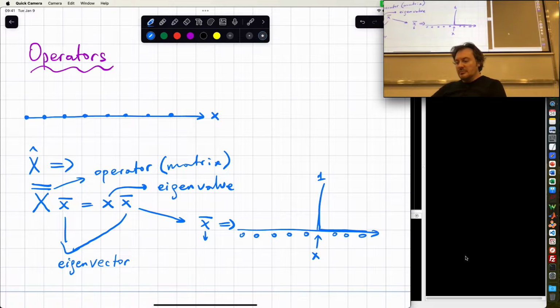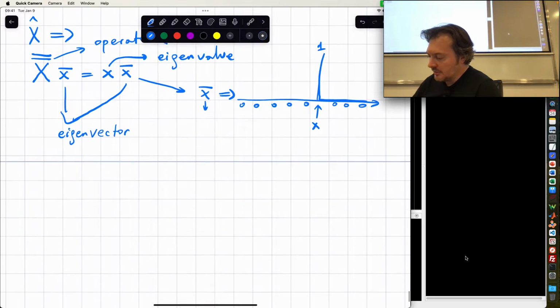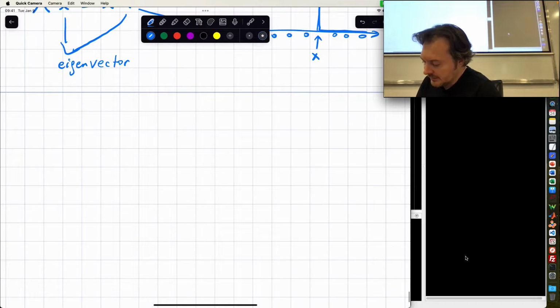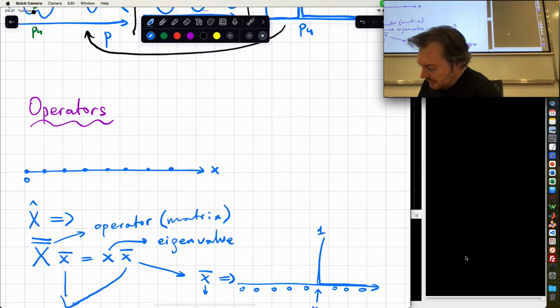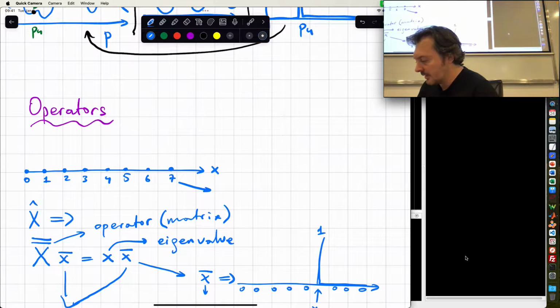Let me show you how the operator, the matrix, looks, and it will make more sense. So this is the x-axis, and x can be 0, 1, 2, 3, 4, 5, 6, 7. I'm writing it in terms of, for example, 0 angstrom, 1 angstrom, 2 angstrom, 3 angstrom. Yes?